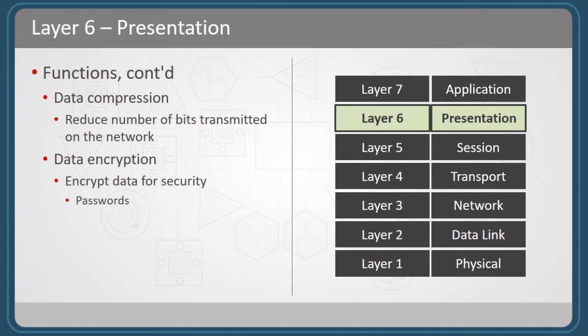But compression is in essence a translation. It uses, in some cases, various sets of characters that represent other sets of characters. So for example, just to use a very simple one, you might use the symbol of the asterisk to represent the word hello.